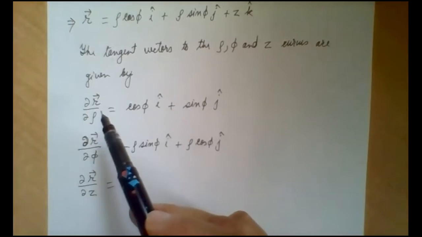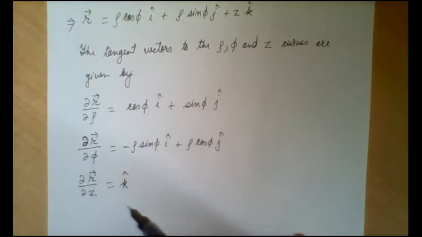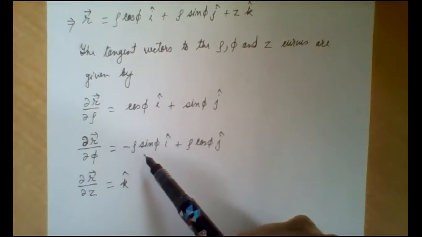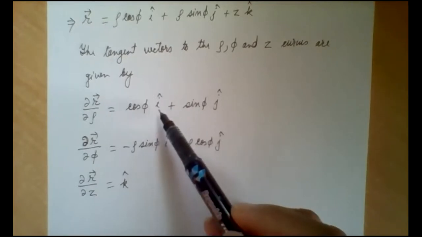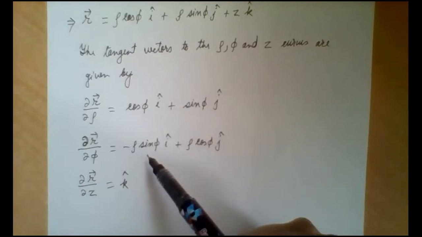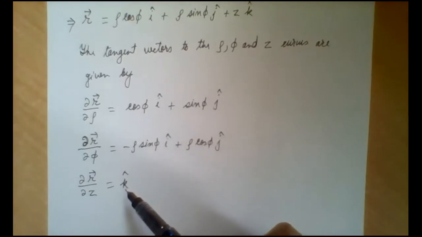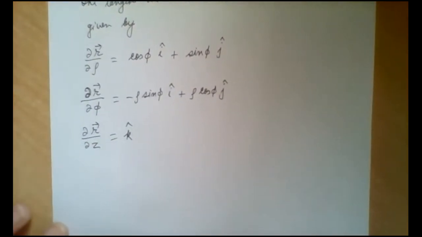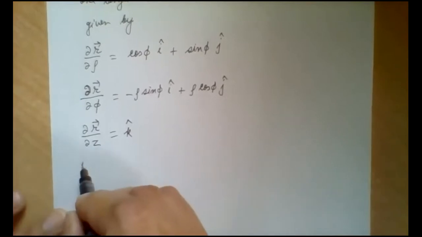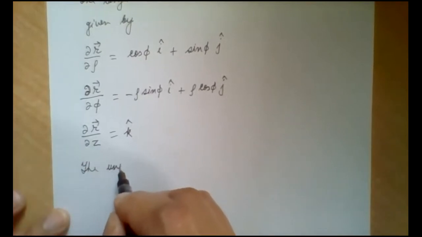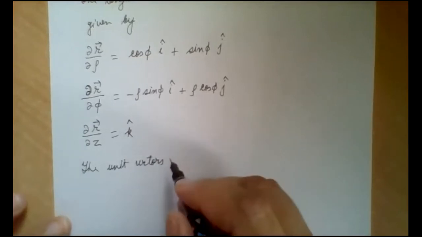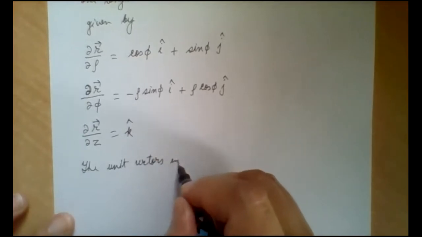So these are the three tangent vectors: the tangent vector to the rho curve, the tangent vector to the phi curve, and the tangent vector to the z curve. Now the unit vectors in these directions.